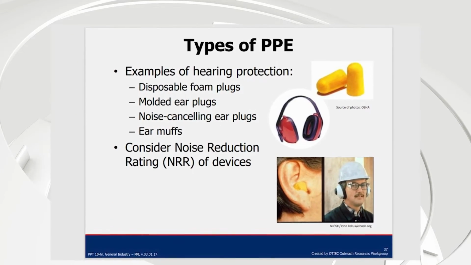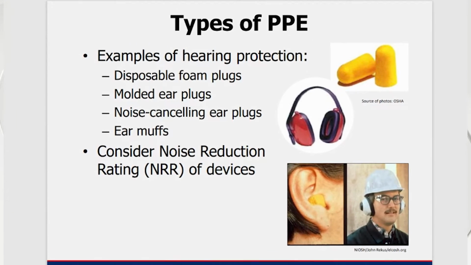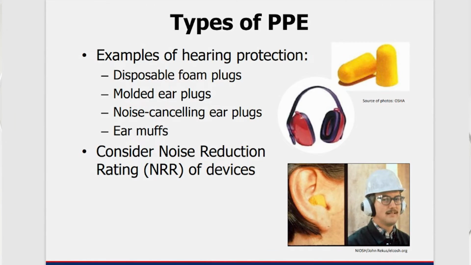Examples of hearing protection: disposable foam plugs, molded earplugs, noise-cancelling earplugs, earmuffs. Consider noise reduction rating (NRR) of devices.